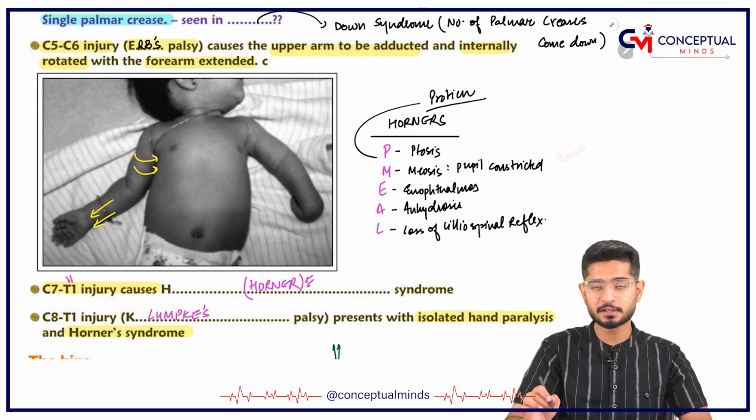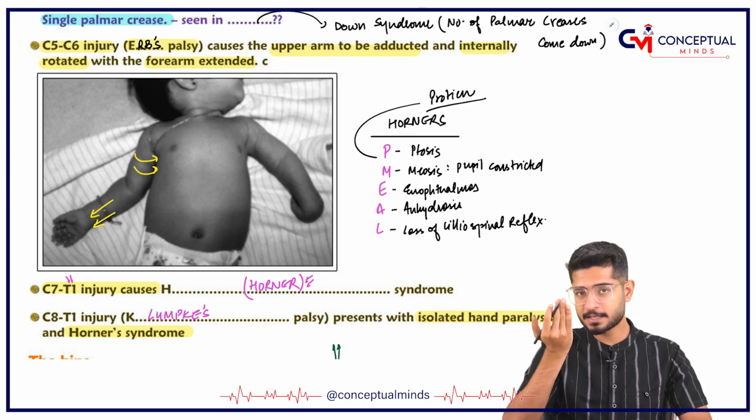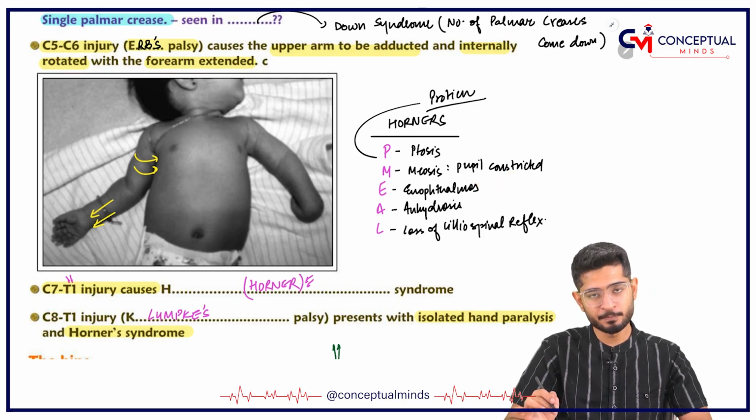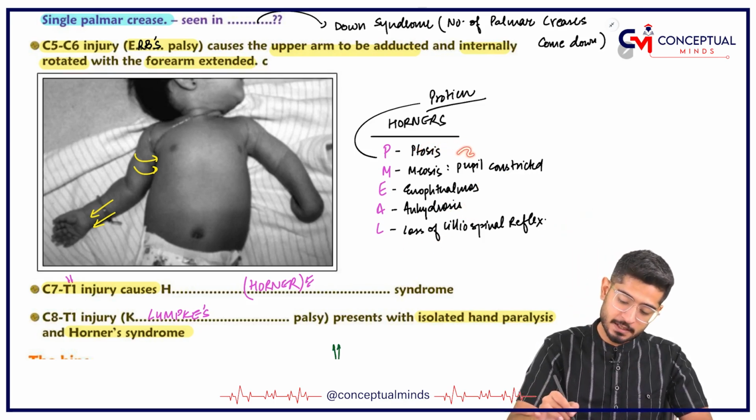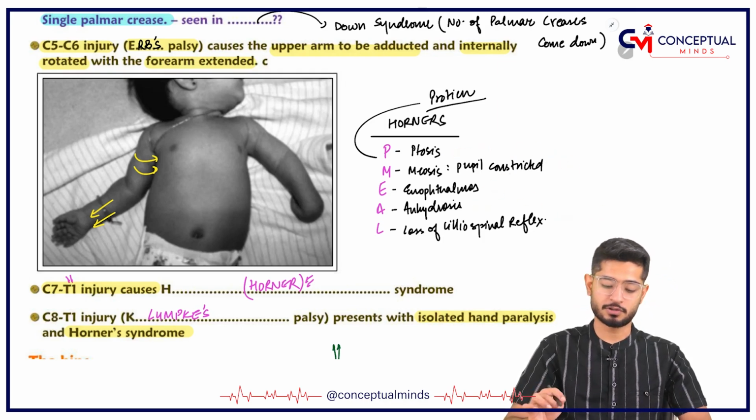So the pupil is constricted, and ptosis is going to be there. That means the eyelid is drooping, so it seems that the eye is pushed inside. That is called enophthalmos. There will be anhidrosis, and there is loss of the ciliospinal reflex. This is the mnemonic to learn all the features of Horner syndrome.